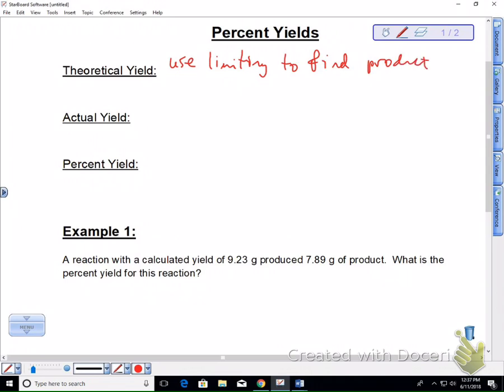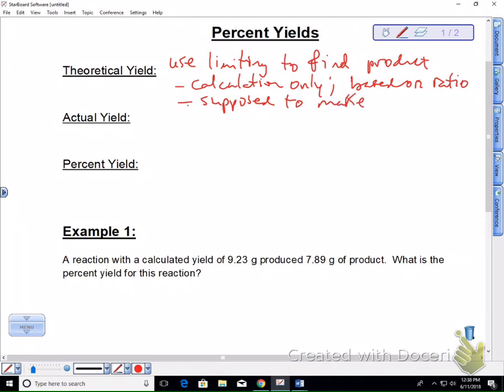And it's called theoretical because it is calculation only, and it's based on the ratio. It's what you're supposed to make if everything works out as it's supposed to.